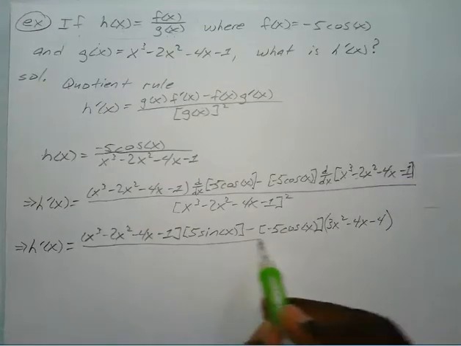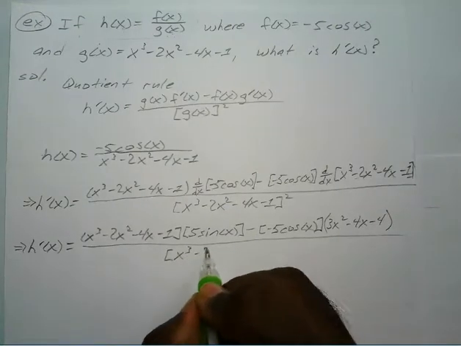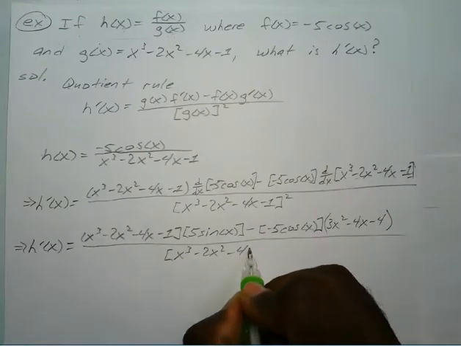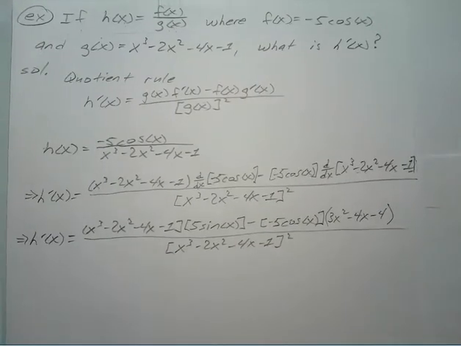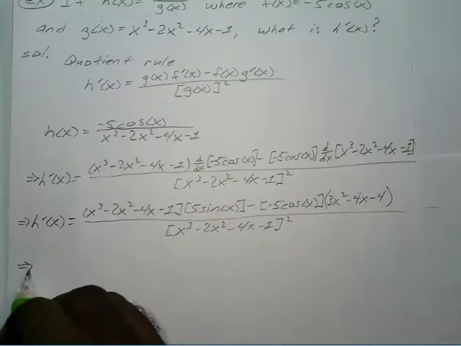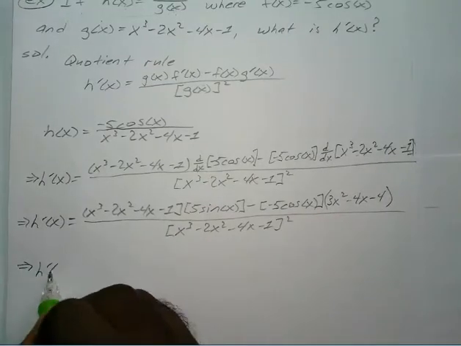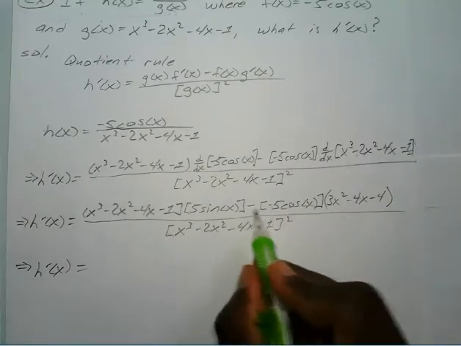Okay, so that's all over our denominator squared, which is x to the third minus 2x squared minus 4x minus 1 squared. Really, even if we distribute these, there's nothing you can actually combine. So we're going to leave this pretty similar to where it is up here, just kind of simplify that.